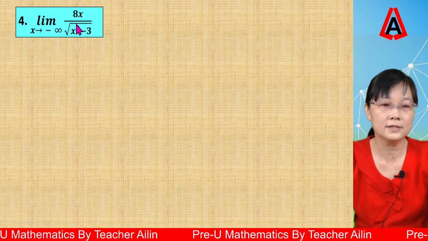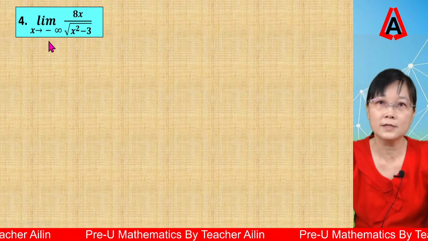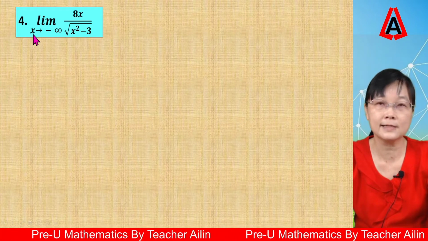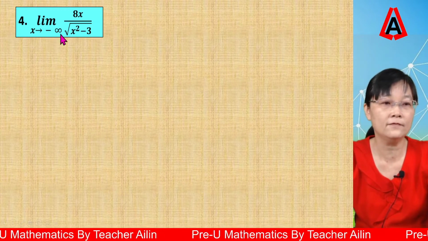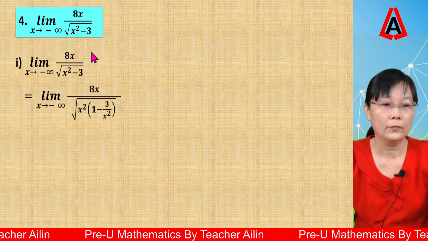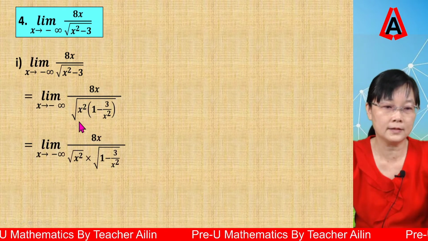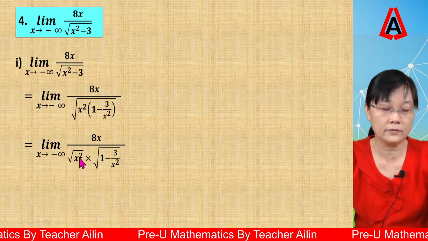Now in this question, the function is the same, but now I'm going to find the limit as x approaches negative infinity. So for the first method, I factorize the x power 2 and separate the square root of x power 2.